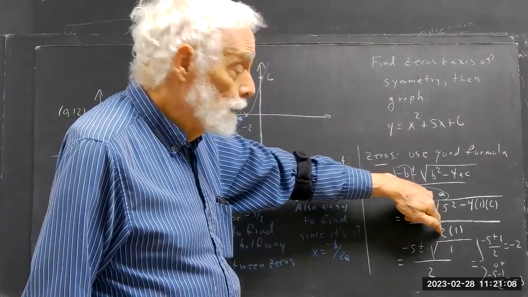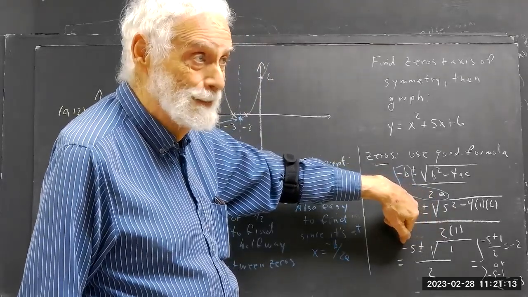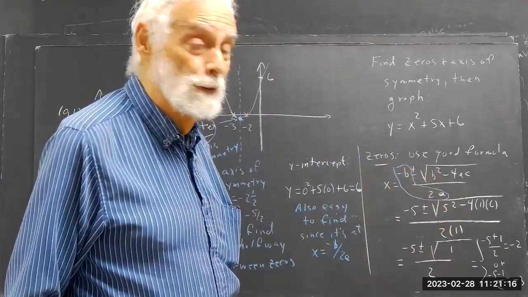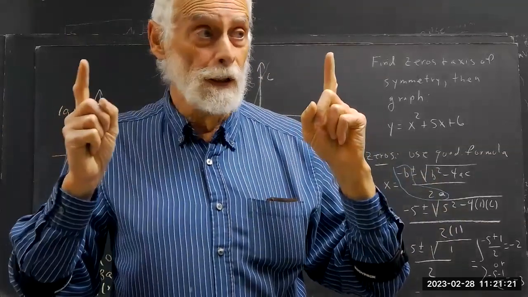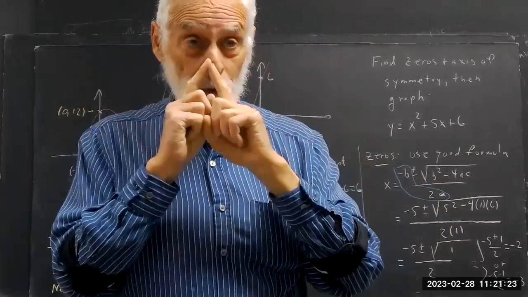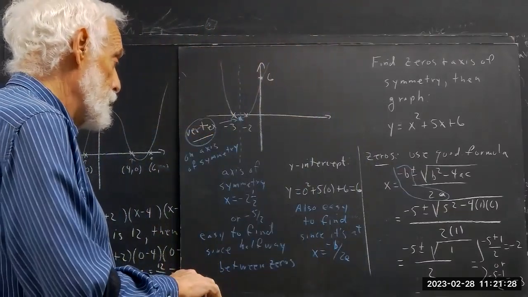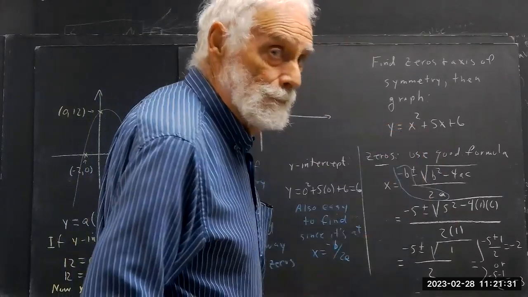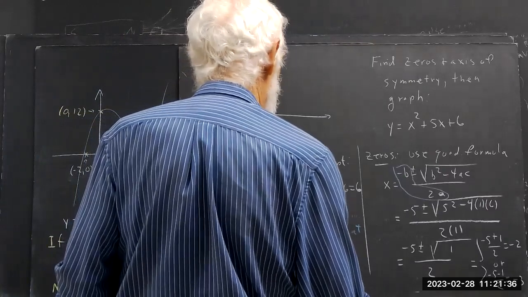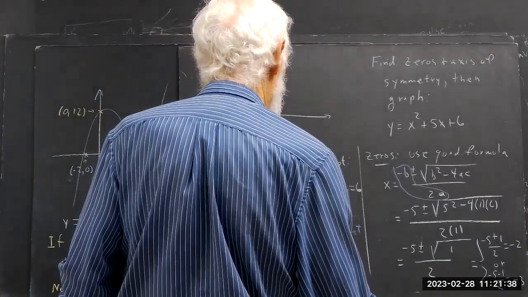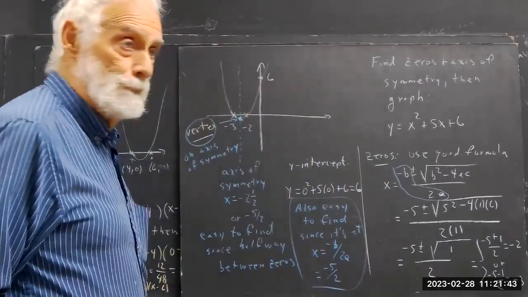What's halfway between -5 plus 1 and -5 minus 1? -5. That's what's halfway between -5 plus 1 and -5 minus 1, just like what's halfway between 1 foot to the right of my nose and 1 foot to the left of my nose. So there's a symmetry built in right here. And that gives you -5/2 also.